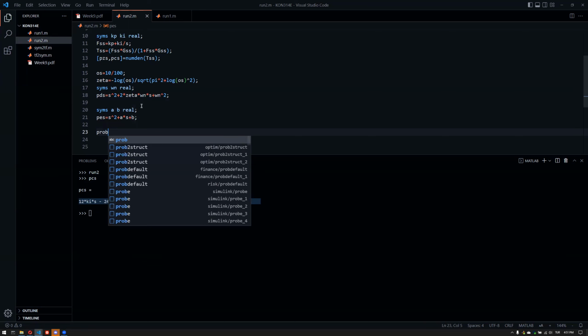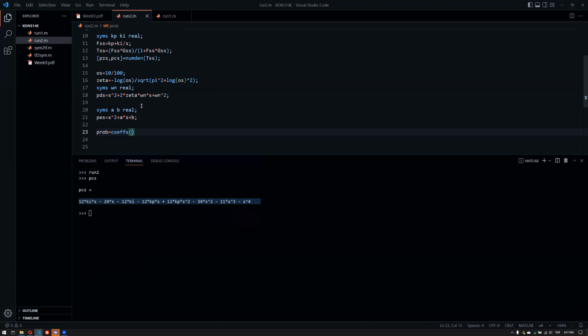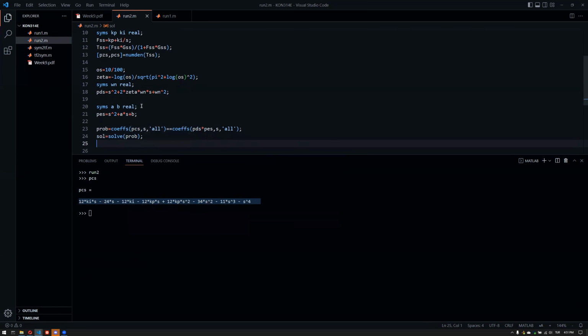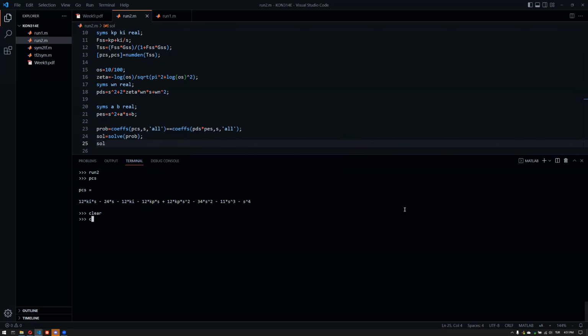So the problem then would be to equate the coefficients of PCS to the coefficients of PDS times P(s), and then the solution would be found with this. So let's see what the solution looks like.